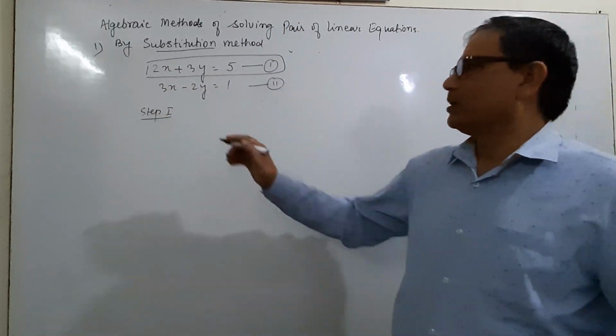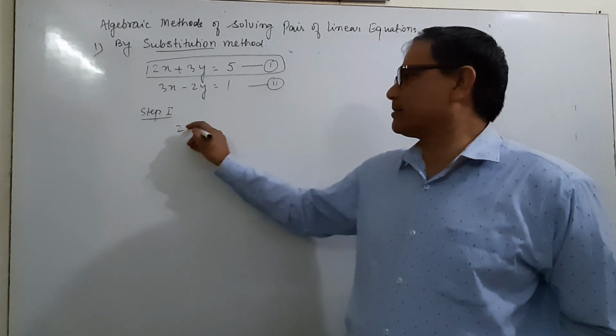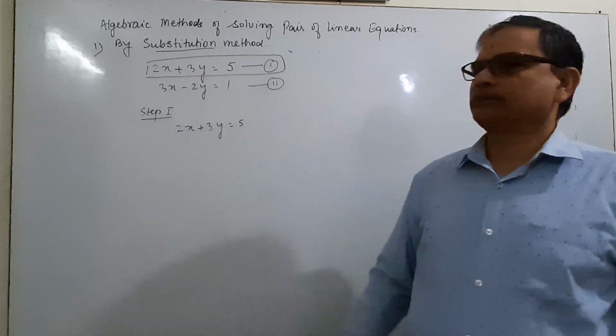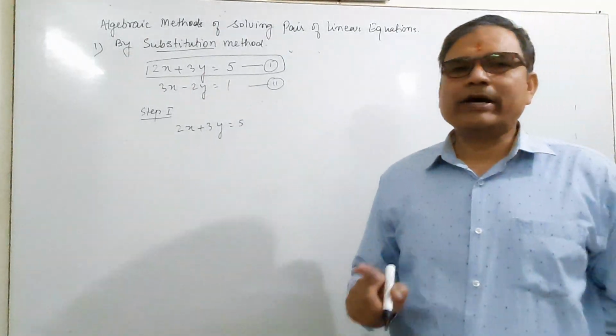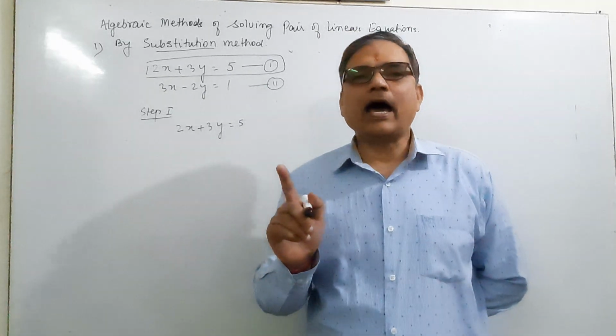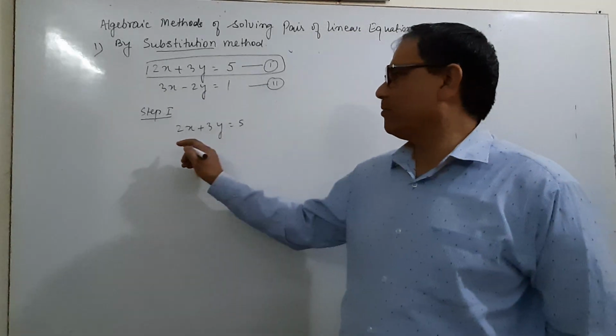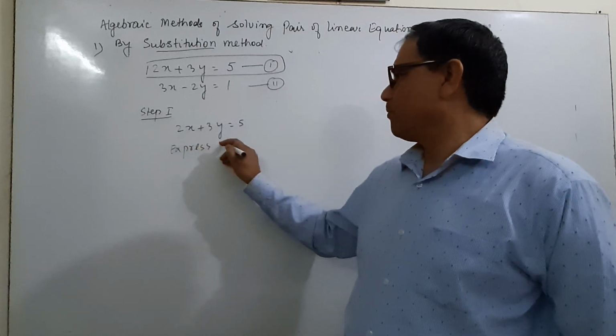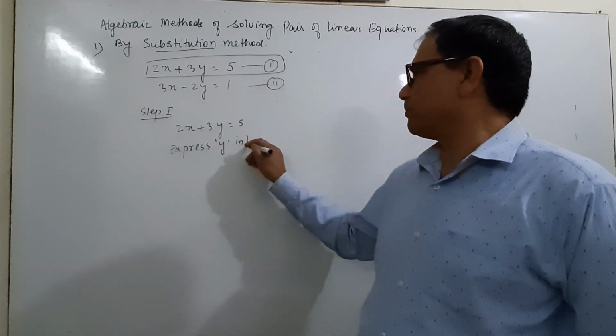Now, what is the first step? 2x plus 3y is equal to 5. I have to express y in terms of x or x in terms of y.